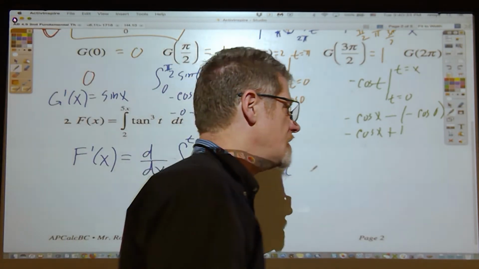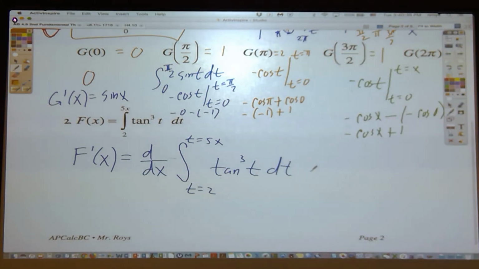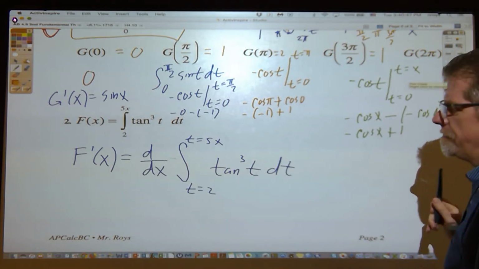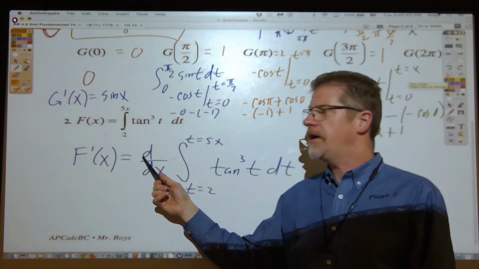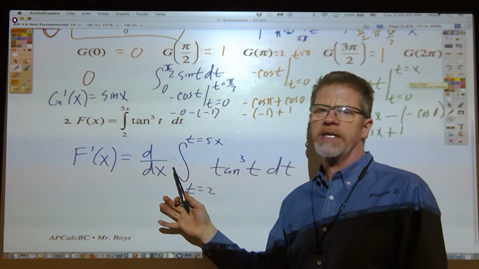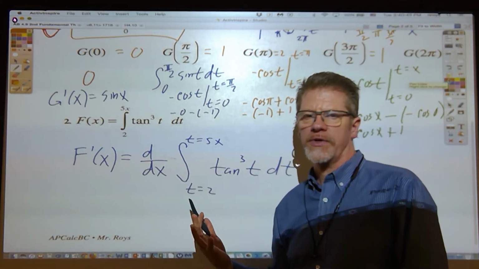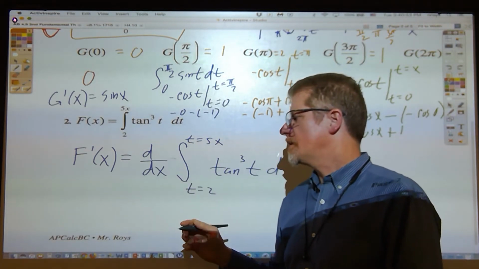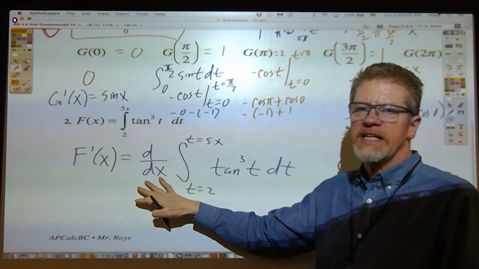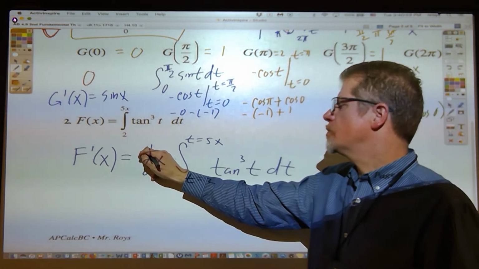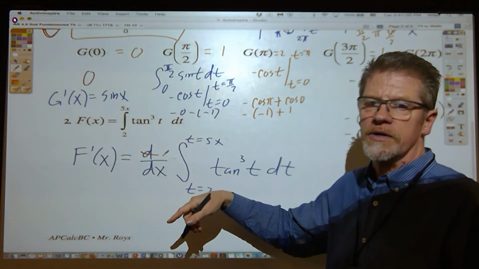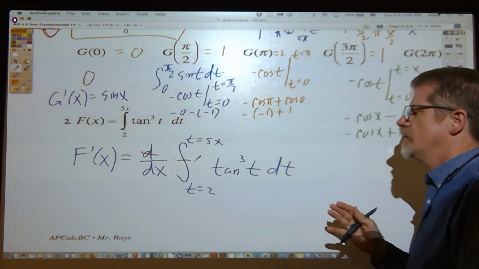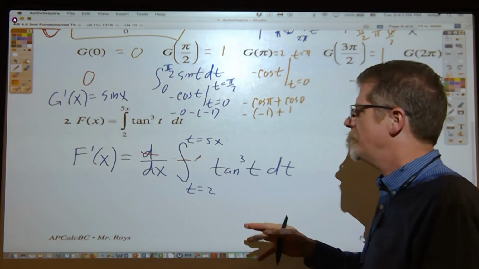Now there's a routine that we can follow every time. Here's how you think about it. We're taking the derivative of what can be thought of as an antiderivative. Yes, it is a definite integral, but there's definitely the antiderivative idea wrapped into the definite integral. So leave the dx untouched, but the derivative, the d up here, wipes out the antiderivative. There are two d's that survive this epic battle.